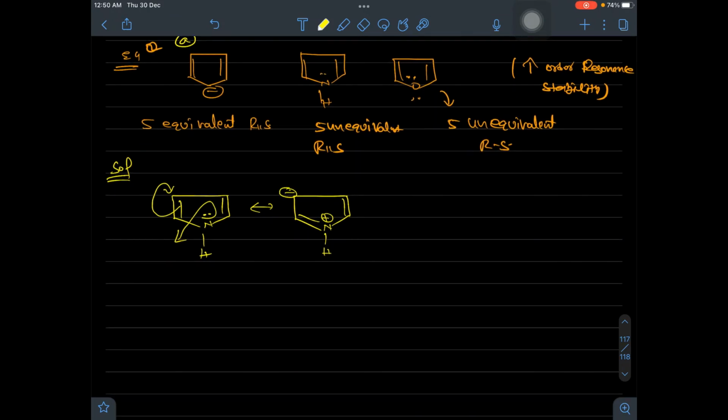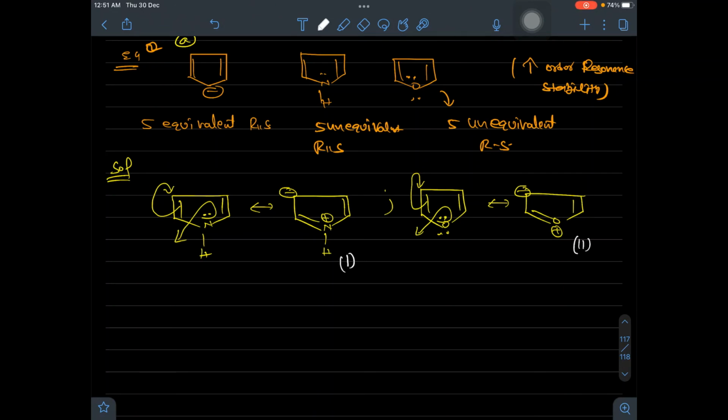This is one of the unequivalent structures. Similarly for furan, when the pi electron shifts, a negative charge comes, with oxygen plus. But if we keep proceeding, we will have 5 unequivalent resonance structures. Among this structure and this one, you should identify which is the stable one.